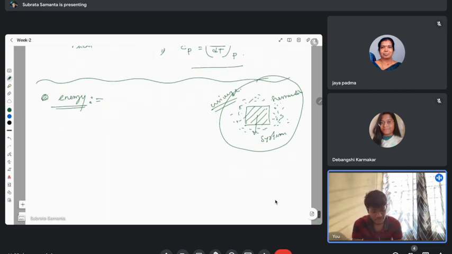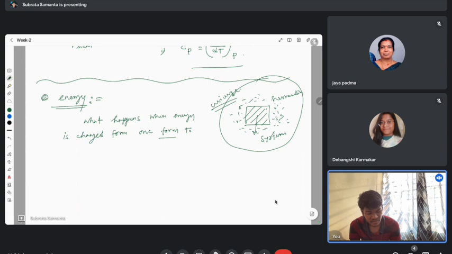Then we discuss the functions of state. Energy is a function of state. What is a function of state? Let's write the question first. What happens when energy is changed from one form to another?